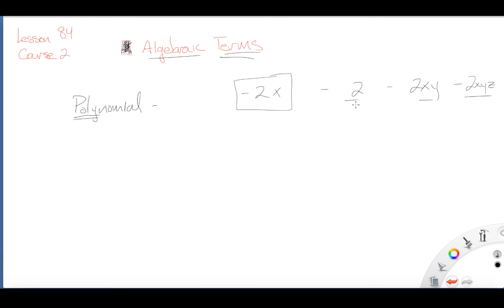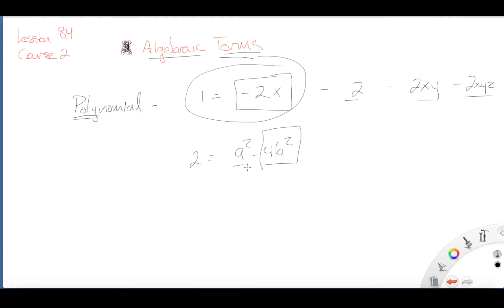This is 2x, which is not negative 2, which is not negative 2xy, which is not negative 2xyz. So just one term would be a monomial. A binomial, two terms, would be something like a squared minus 4b squared. So here's two terms.